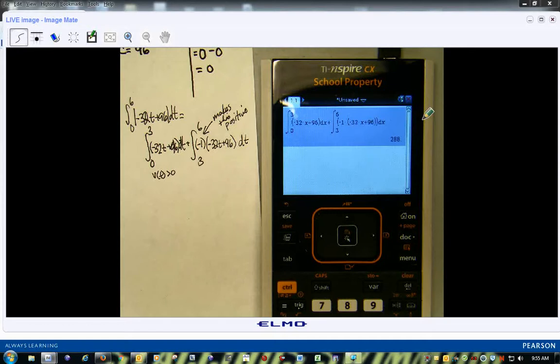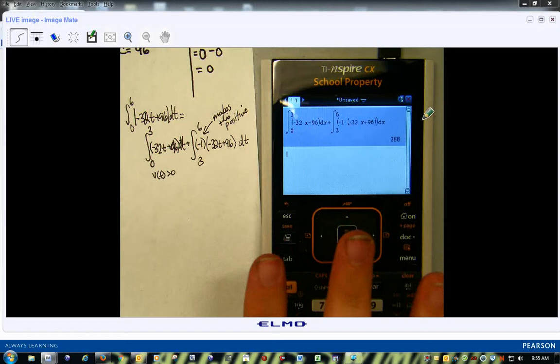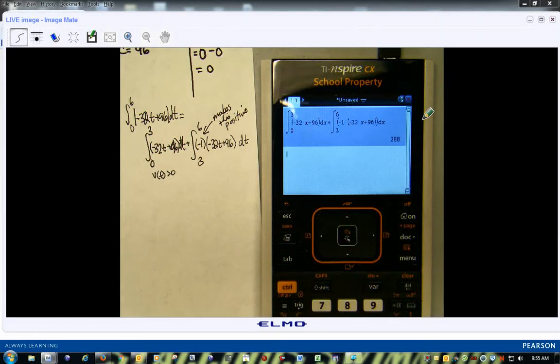And even though it's the color version of it, it's the base model. It's not the computer algebra system model. The computer algebra system model is cool because it'll do the indefinite integral for you, which means whenever we have the stuff plus c, it'll actually do that for you.